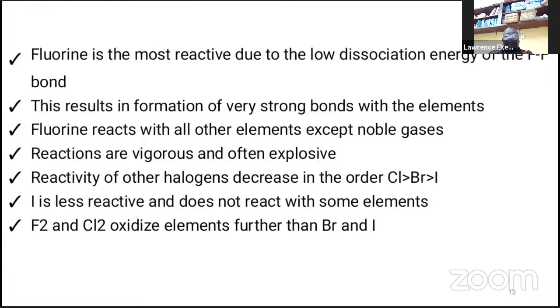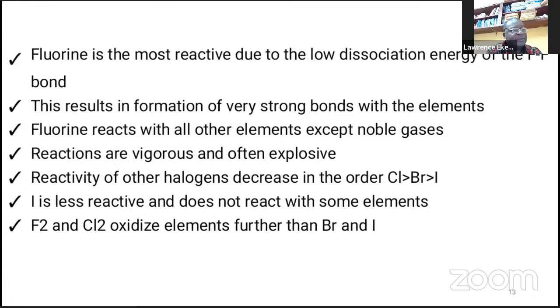Like I mentioned before, the reactivity of the halogens decreases down the group. I've explained the reasons why: the increase in atomic size, atomic radius, and the difference in energy levels.